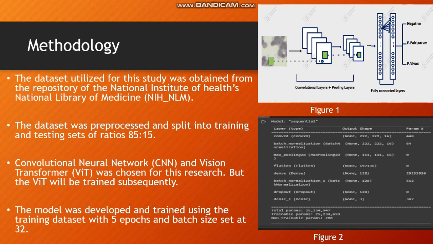The data set, first of all, was pre-processed and split into training and testing sets at the ratio of 85 for training and 15 for testing. So the model was trained using the training data set with 5 epochs and a batch size of 32.